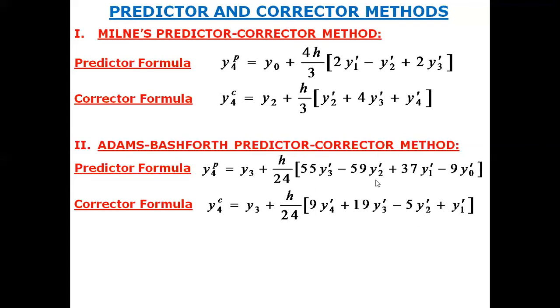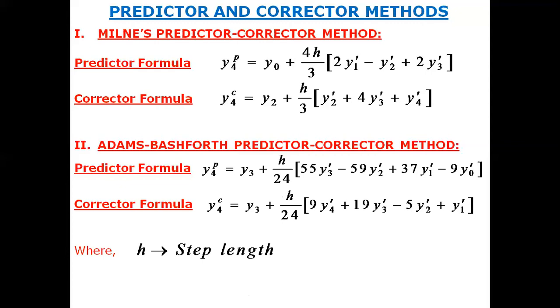Remember these numbers carefully. This is how we define Milne's and Adams-Bashforth predictor corrector formulae, where h represents the step length.